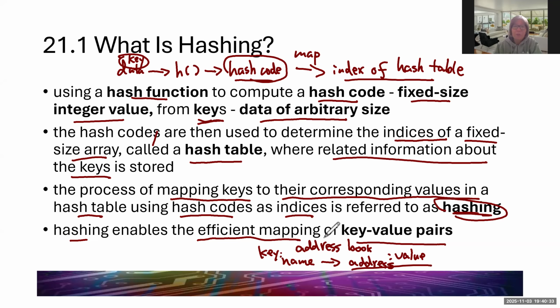Each name and address is a key-value pair, and if we apply hashing, we can store it in some array.